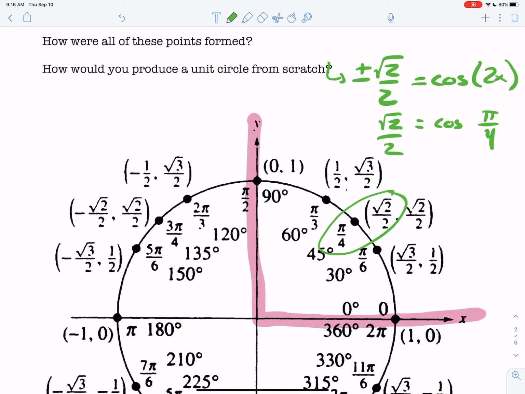Okay? So what that tells me is that 2x has to equal pi over 4. Don't get caught up with this entire lesson based on just this problem here, okay? It's just a little bit of a review with trig. So we can now say that 2x has to come out to pi over 4, okay?